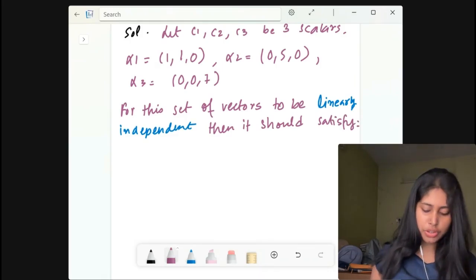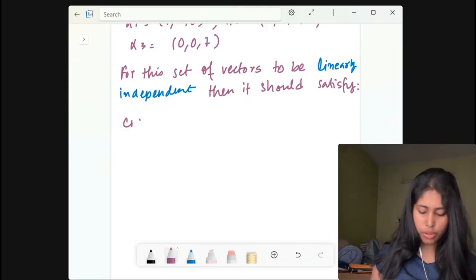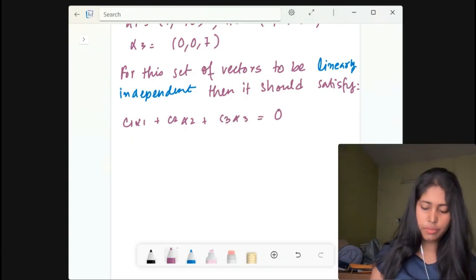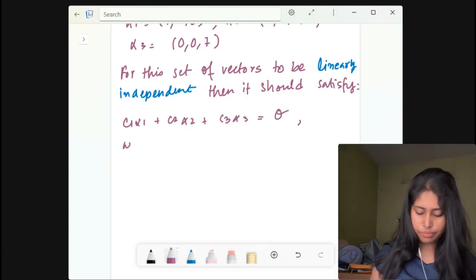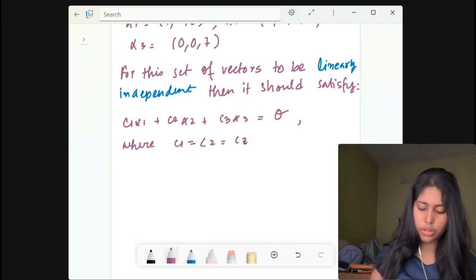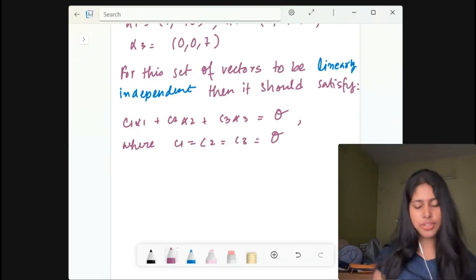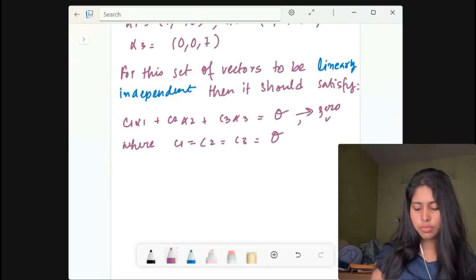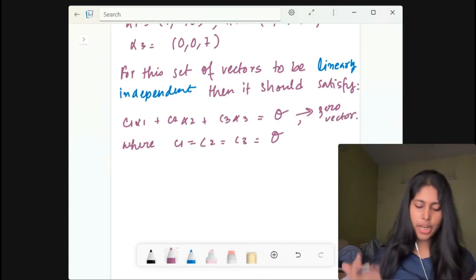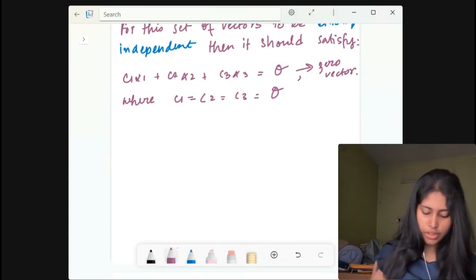So what is the condition? That is c1 alpha 1 plus c2 alpha 2 plus c3 alpha 3 equals theta, where c1 equals c2 equals c3 equals theta. Theta is the zero vector, 0 here. Now let us see if this holds or not.